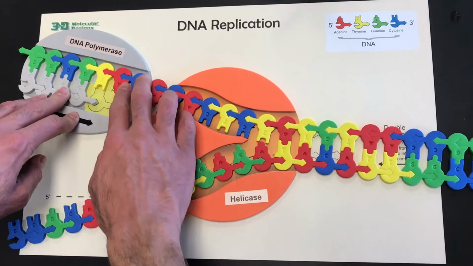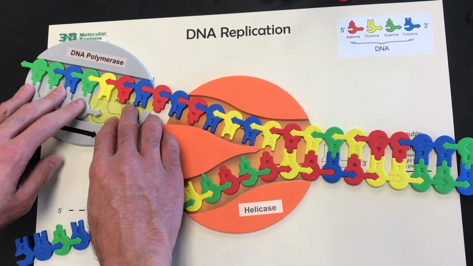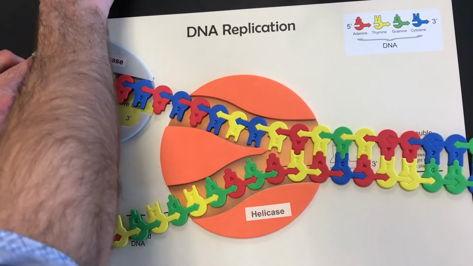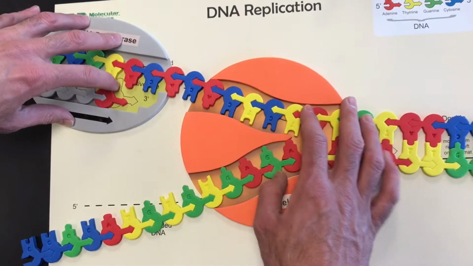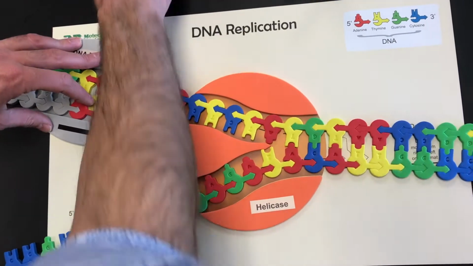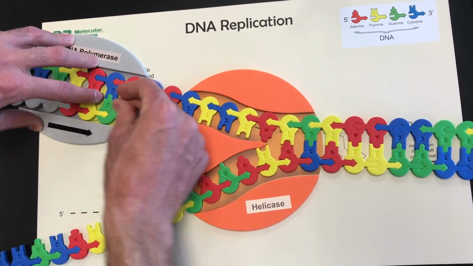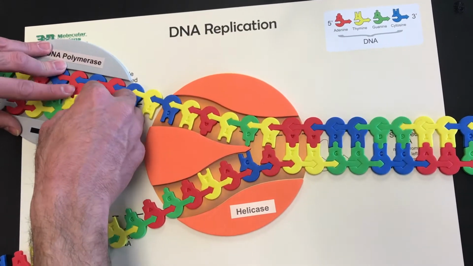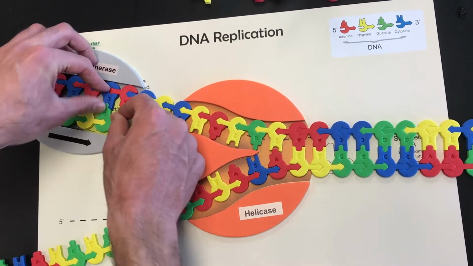So at this point, DNA polymerase is going to start adding the appropriate nucleotides. I'll start here: T is complementary to A, which is complementary to T, C is complementary to G, A is complementary to T, C is complementary to G, and so on.